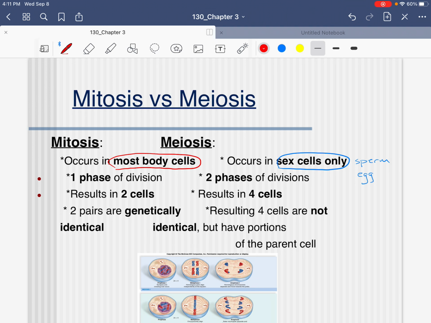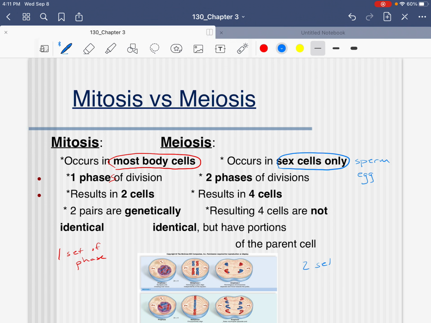Structurally, there's only one set of divisions. Now, I don't like the word phase here. Maybe I can add an S to it. Because there's actually 4 phases: prophase, metaphase, anaphase, telophase. So maybe we can say there's just one set of phases required. You only have to go through prophase, metaphase, anaphase, telophase once.